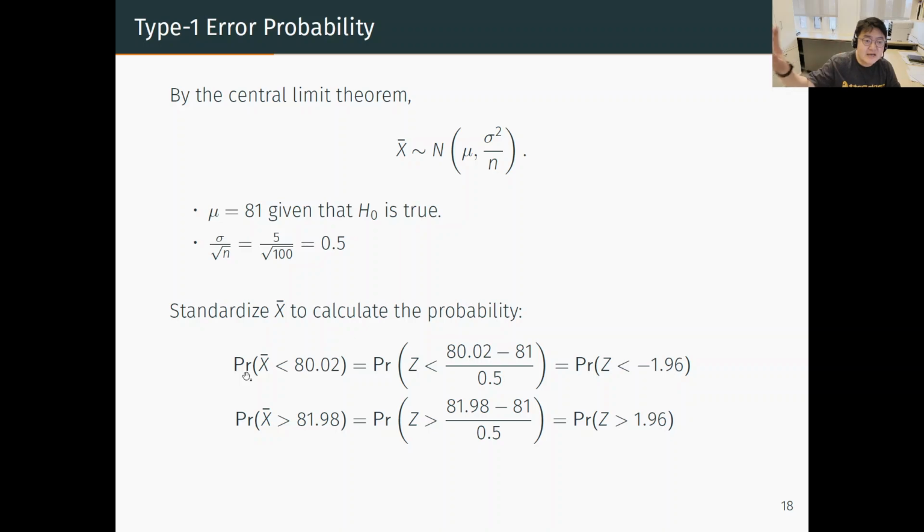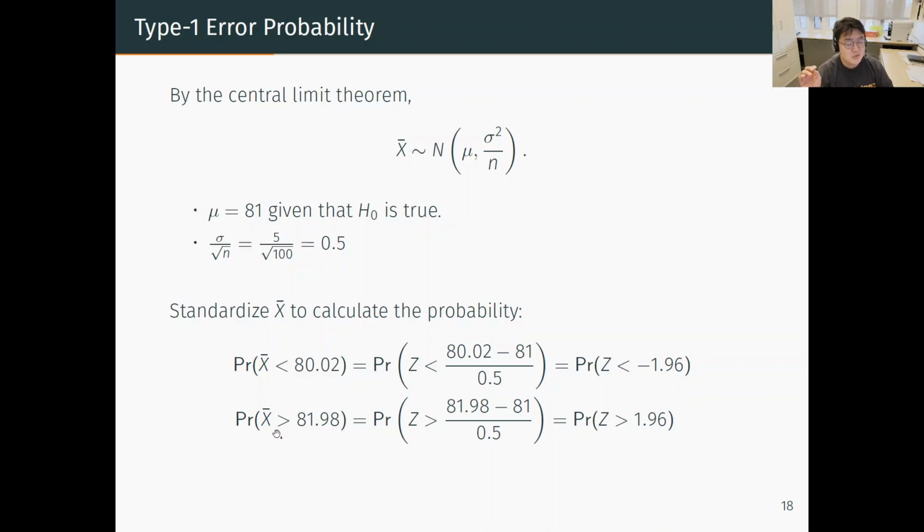So the left-hand side, the probability that you have to reject the null hypothesis because the sample average is too small, that probability is smaller than minus 1.96 on the standard normal distribution.